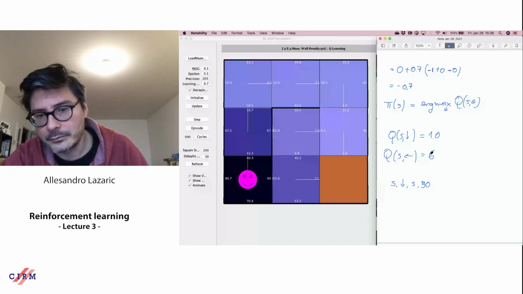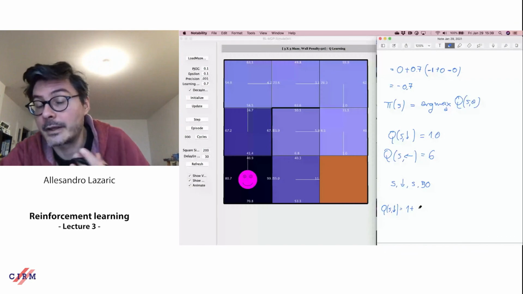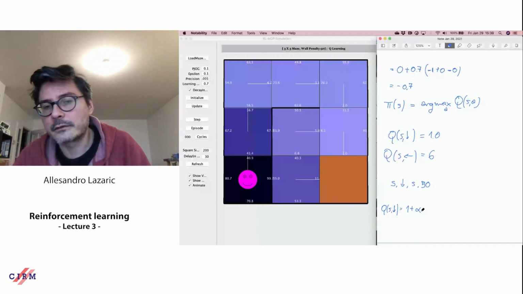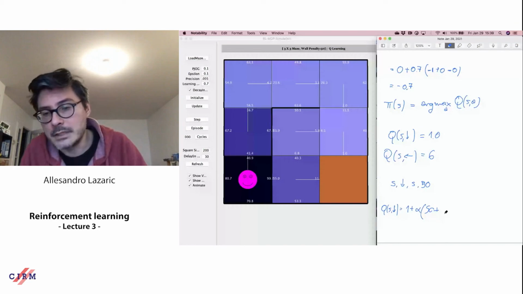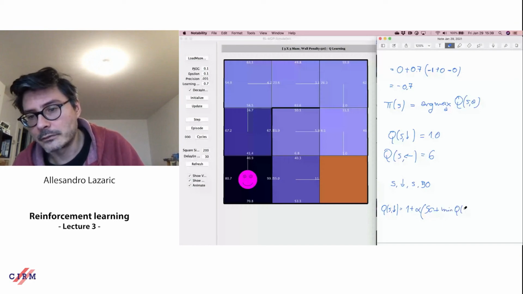So the new value of this one, let's apply the Q-learning update, is 1 plus the learning rate that we have at this stage, alpha, times 50 plus gamma, let's set it equal to 1. Here, instead of the maximum, I should take the minimum over actions of the Q value of the state S prime that I reach, minus the previous estimate, which was 1.